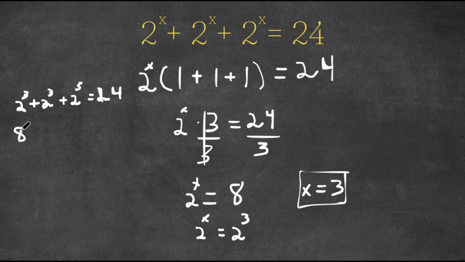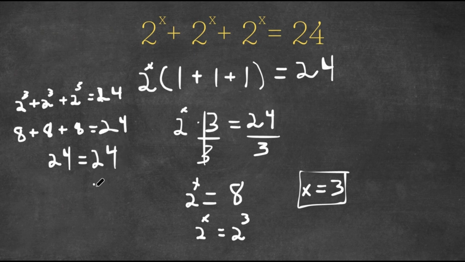So now we have 8 plus 8 plus 8 is equal to 24. Now 8 plus 8 is 16 and 16 plus 8 is 24. So we are left with 24 is equal to 24. And this is right, so we know our solution is right.